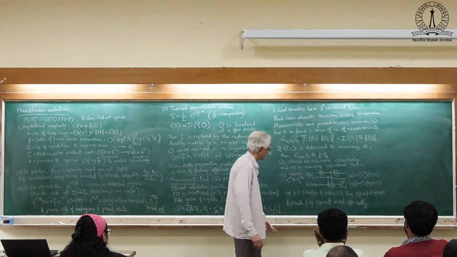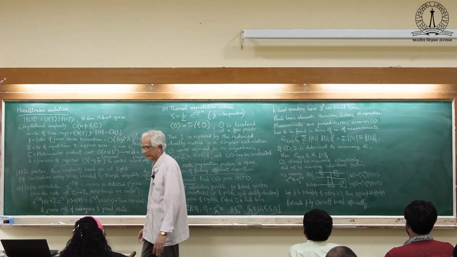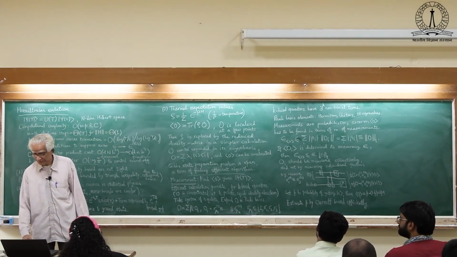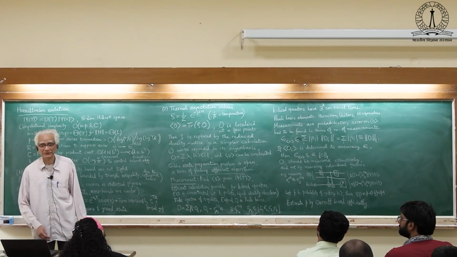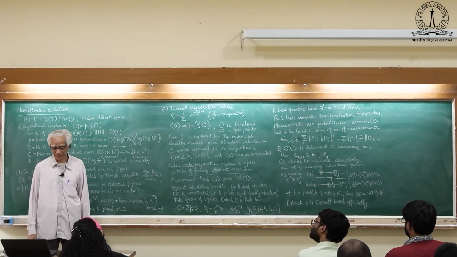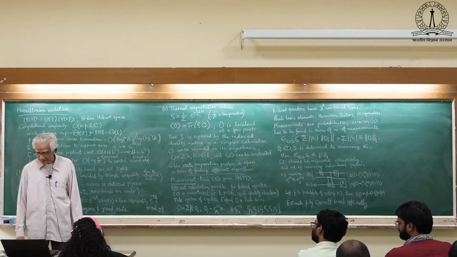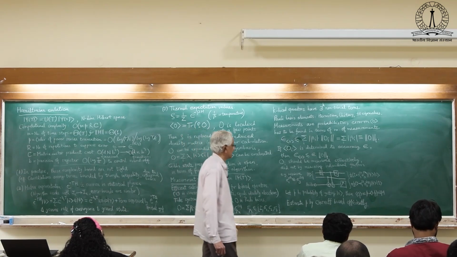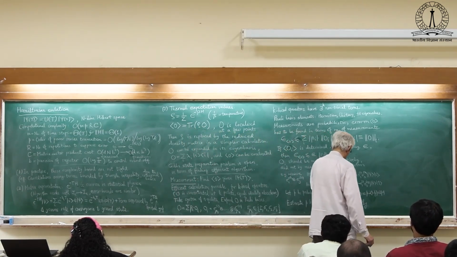So this is a standard thing you can find in many textbooks, but I will describe it probably because most of you will not have heard about it at all. So let me proceed in steps.